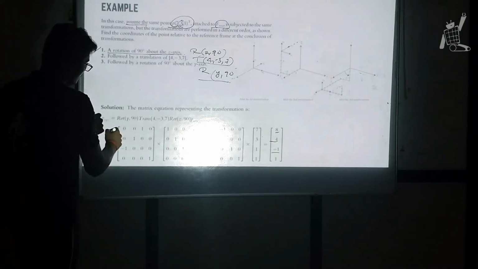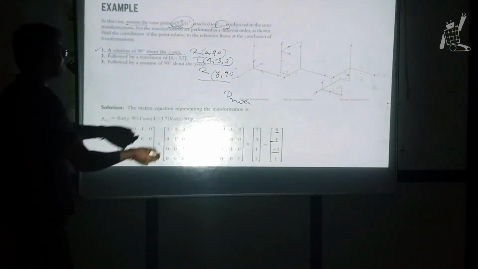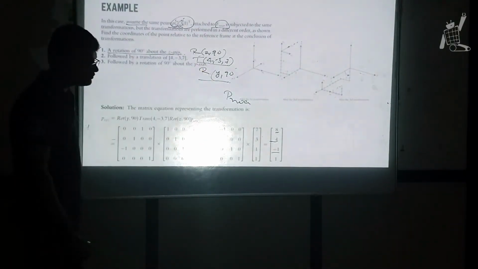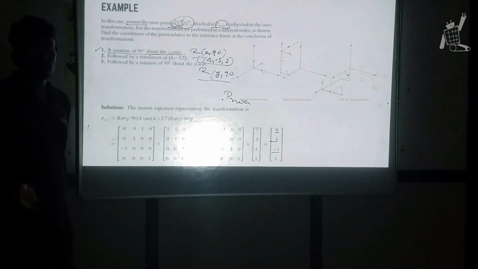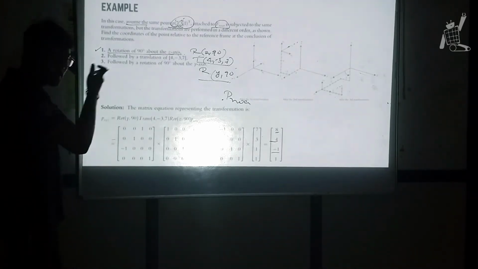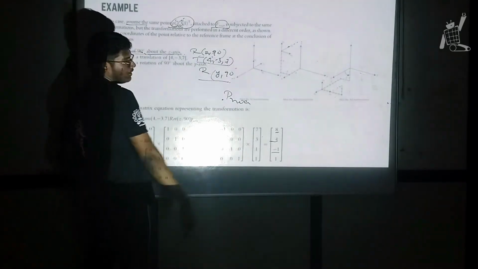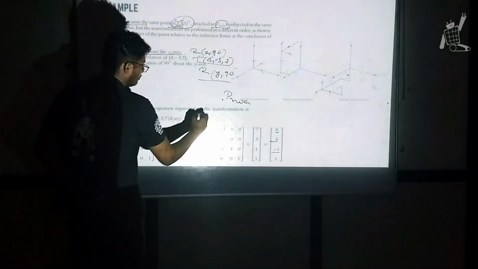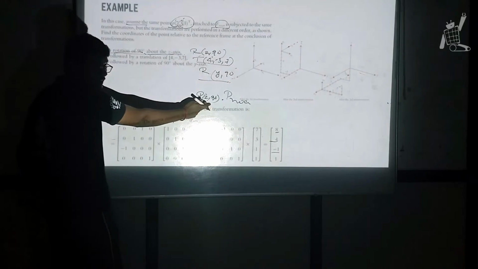So there is a point P with components P N, P O, P A, and it represents 7 3 1. We have the point. So whatever transformation happens with respect to the reference frame, that will get pre-multiplied. Okay, pre-multiplied. The first transformation that happened is the rotation with respect to the Z axis, pre-multiplied.